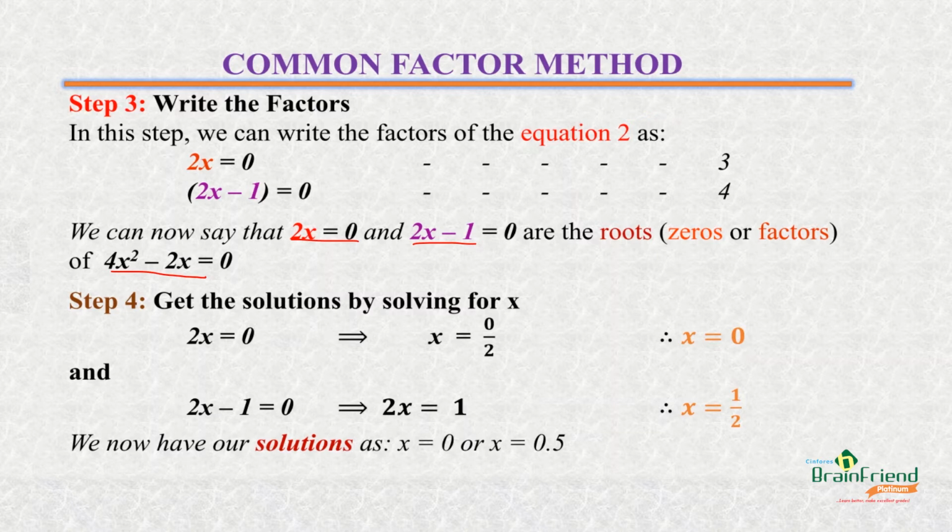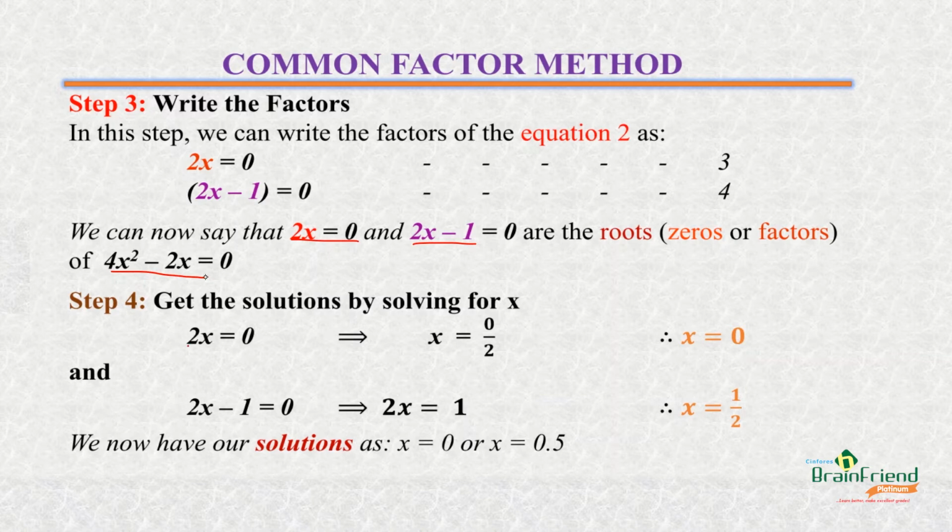Now, let's get the solutions by solving for x. Please take note, in this step, you could simply say, make x subject. Now, by making x subject, we would say that 2x equal to 0 would imply the same thing as saying, divide both sides by 2.